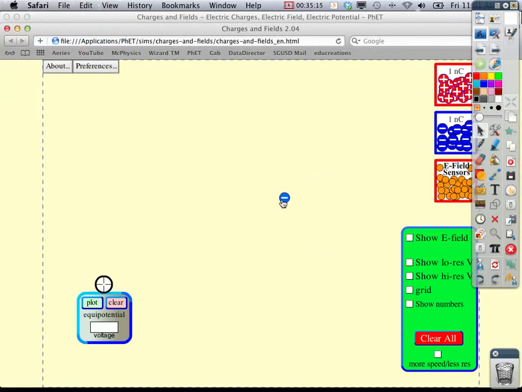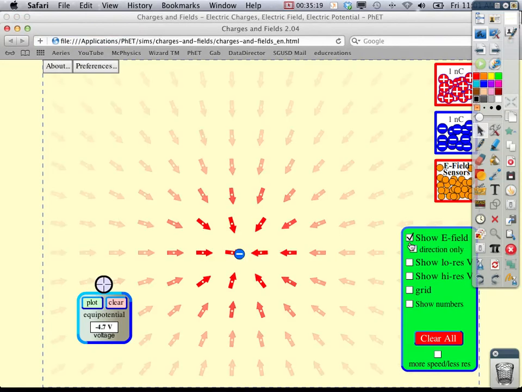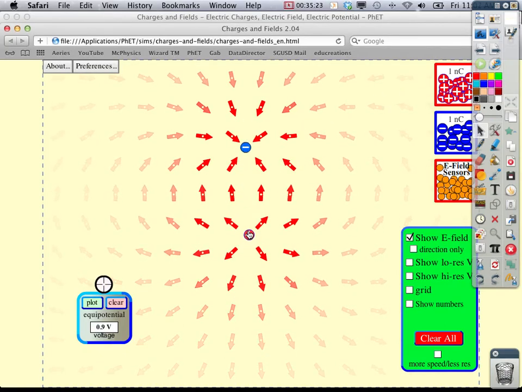Okay, so here, if I take this negative charge, and I show the electric field like this, and then, oh, actually, I should do this. Okay, does that make sense? Yes. That's what it looked like, right?